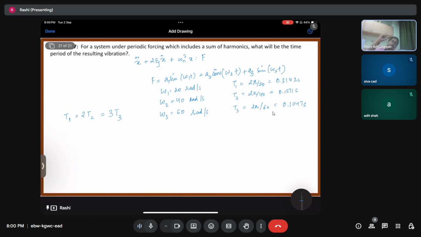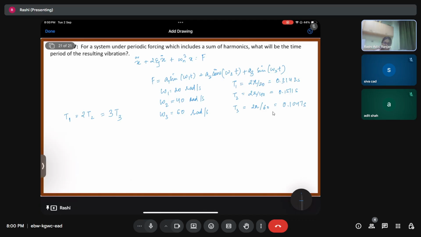So the third response takes time T3, and 3 times of that is taken by T1. Up till the first response completes one cycle, the second one has completed two cycles, and the third one has completed three cycles.